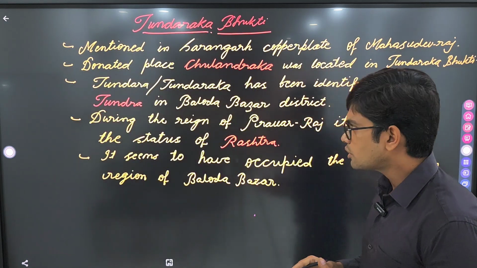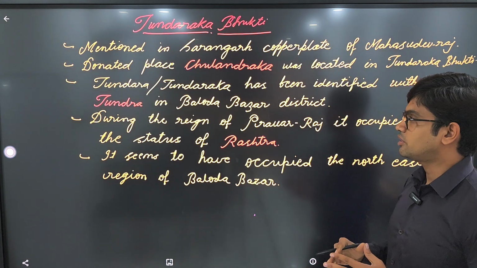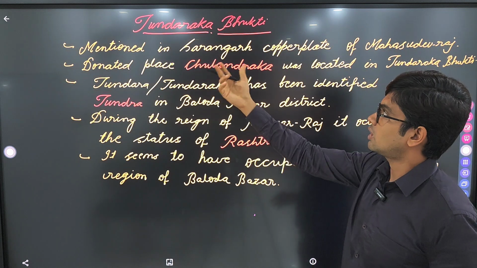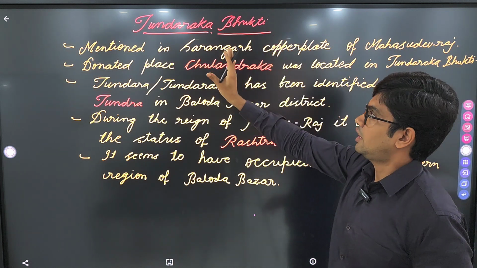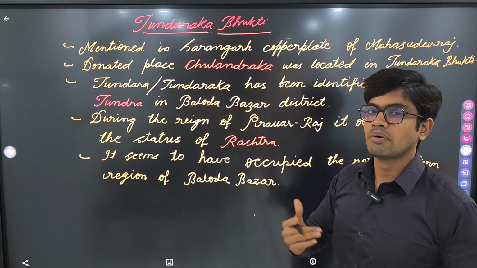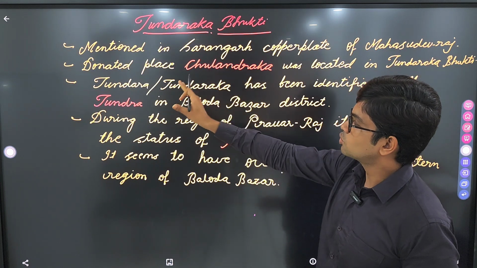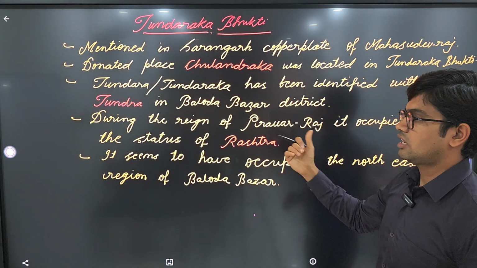What is more interesting about Tundaraka Bhukti is the chief place Tundara or Tundaraka. In the name Tundaraka Bhukti, Bhukti is the name of the unit and Tundaraka was the name of the place. This Tundaraka place has been identified with Tundra in Balauda Bazar district.